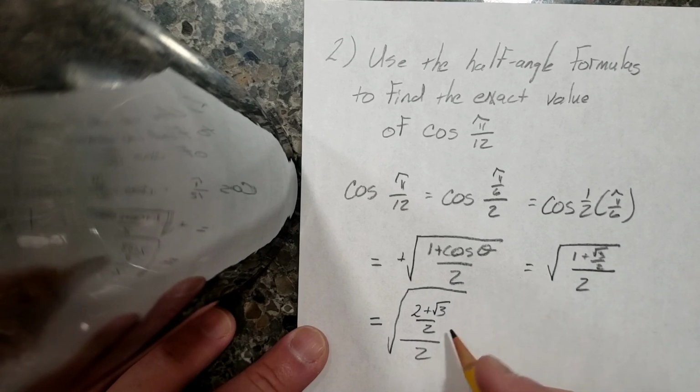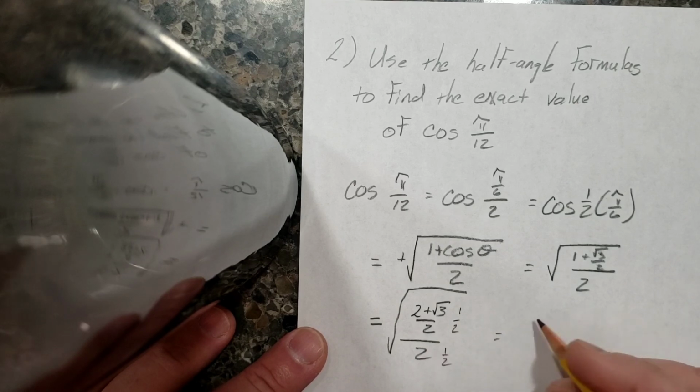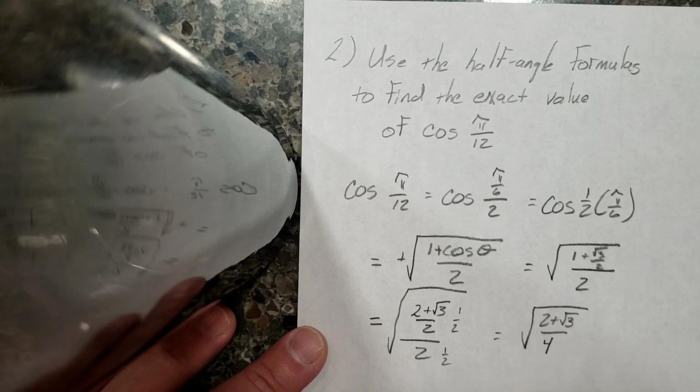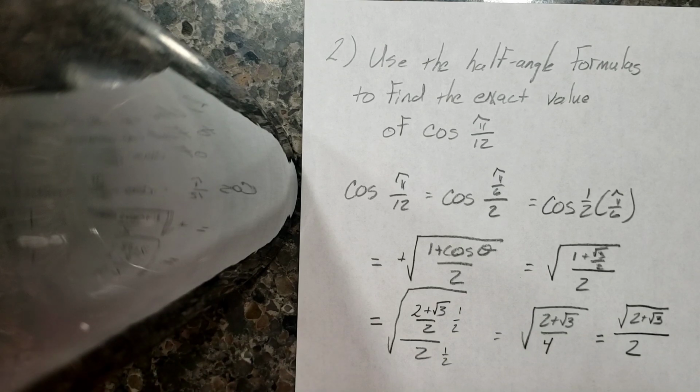Now I'm going to multiply top and bottom by 1 over 2 to get rid of that denominator, and I end up with 2 plus radical 3 over 4, all of that in the radical. Now it looks weird because you end up with a double radical, but that often happens. Don't worry about it. That is a perfectly acceptable answer at this level of mathematics.